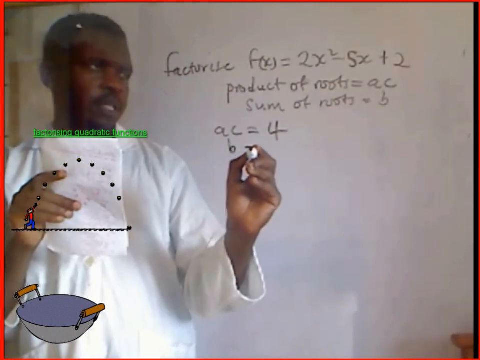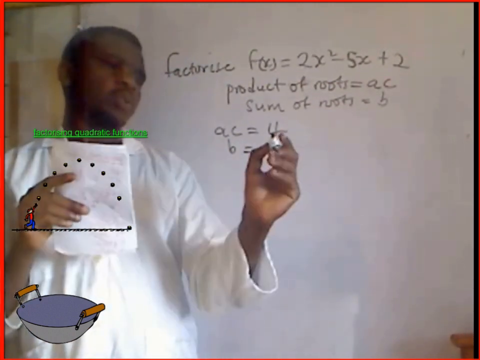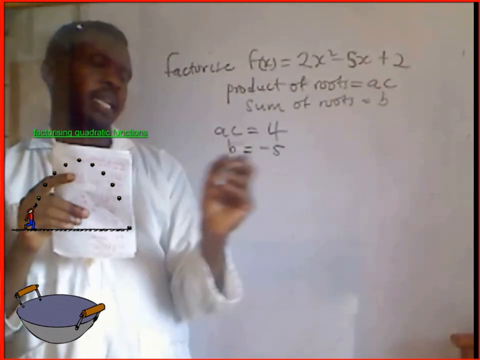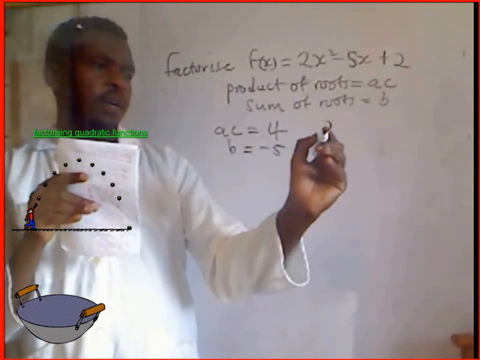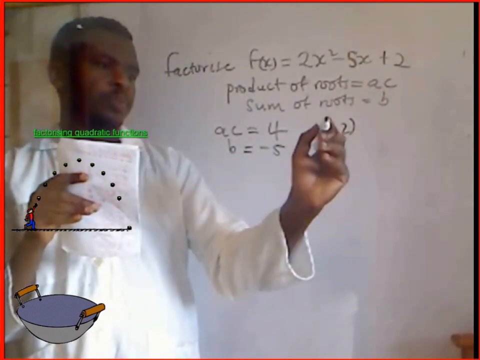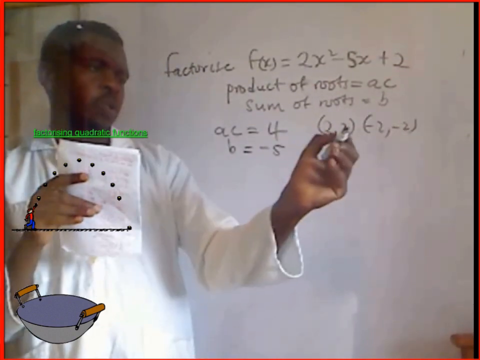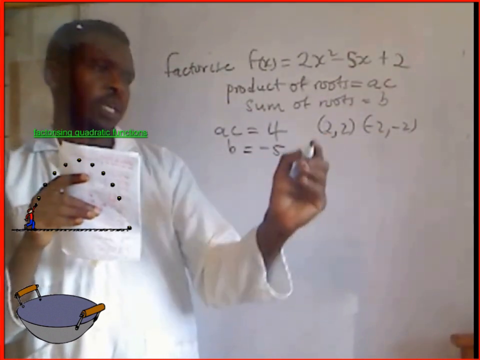The sum there is equal to minus 5. I ask myself, what two numbers can I multiply to give me 4, and when added will give me minus 5? Let me look at the factors of 4. I can have 2, 2, or minus 2, minus 2. So there's no way I can manipulate this set of numbers to give me minus 5. I look at another possibility.